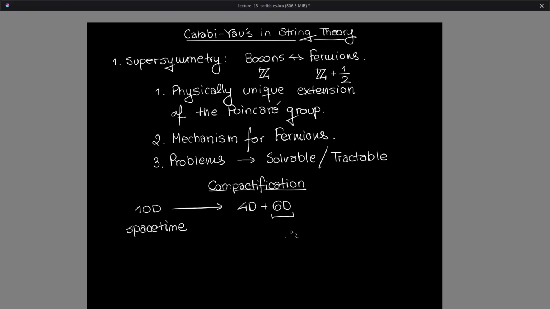Well, we can wrap them up in a complex manifold that is 3-dimensional, a 3D complex manifold, and it should be a compact manifold. Basically what we're doing is stuffing that manifold into such a small space that we won't see it, and that will explain why we don't see that manifold in real life. So yeah, a 3-dimensional complex manifold, and it's called compactification because in the topological sense, we're taking non-compact directions in our space and turning them into compact directions.